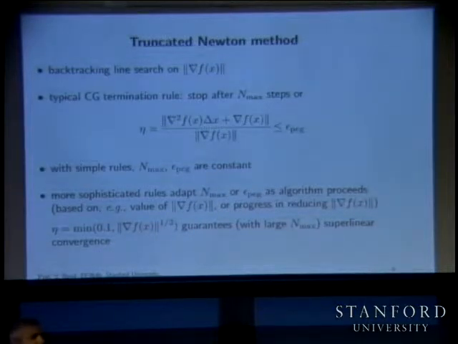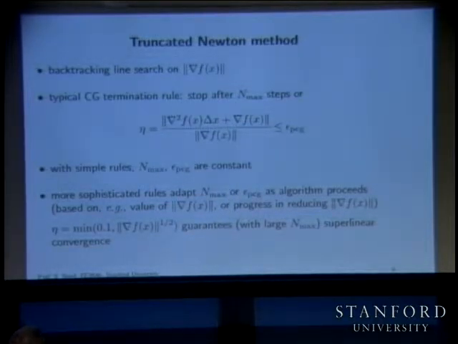You wouldn't want to put 0.01, and you sure as hell would not want to put 1e minus 4. 1e minus 4 says you're basically calculating the Newton direction, and there's no need for that. Well, maybe to get the thing up and running and verify your code works. You might start with a small problem and make this 1e minus 4 just to make sure you're actually calculating the Newton step, and it should then look exactly like the Newton trace. But you might want this to be 0.1.